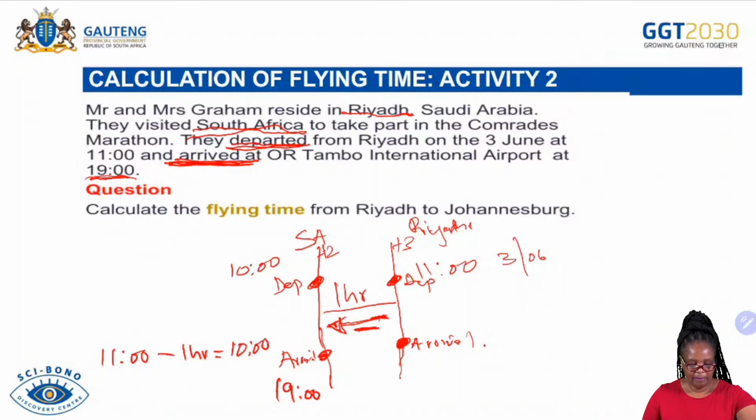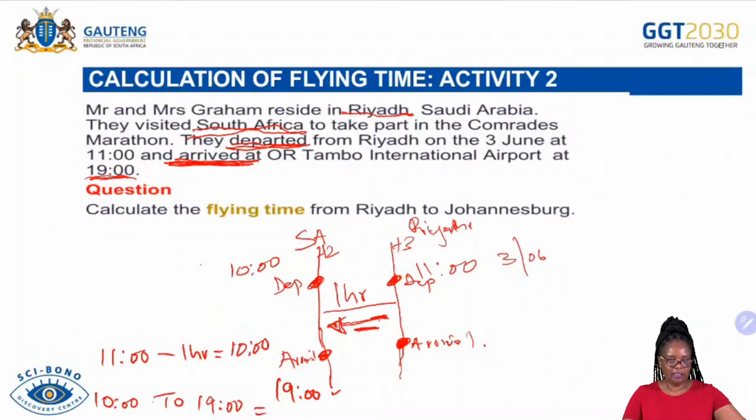Then from here, remember the last step? We move from 10, the one that we have just calculated, 1000 hours, to 1900 hours.